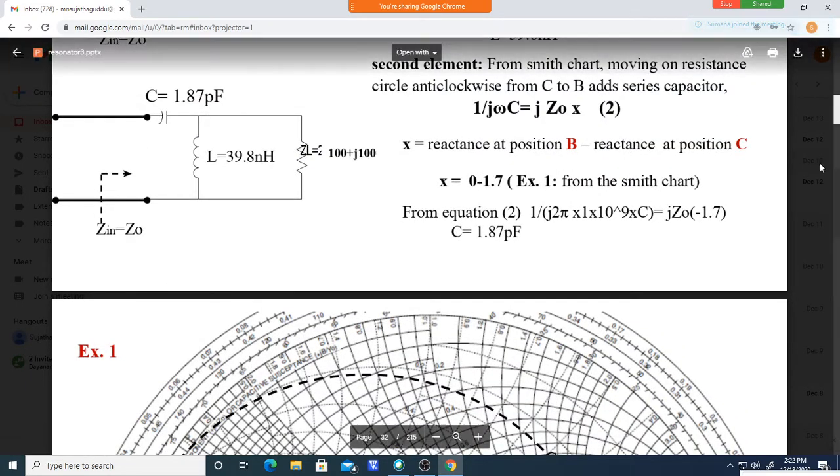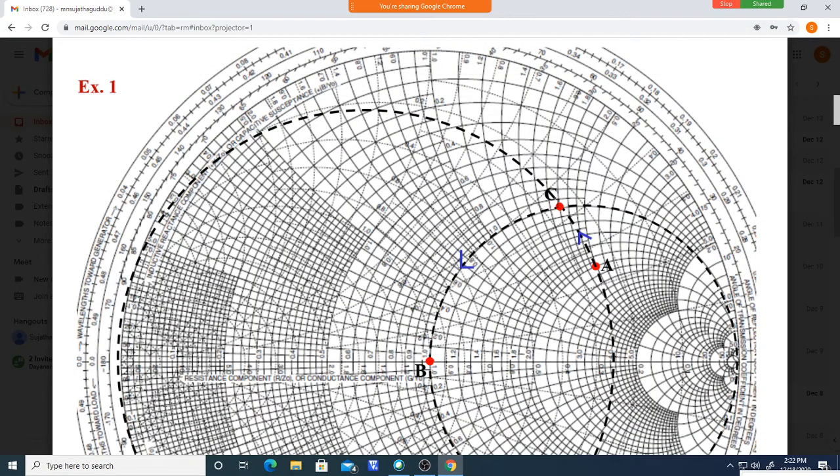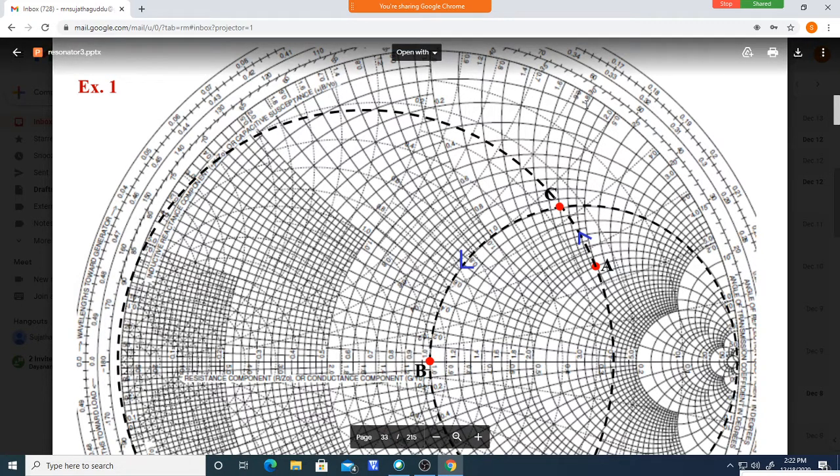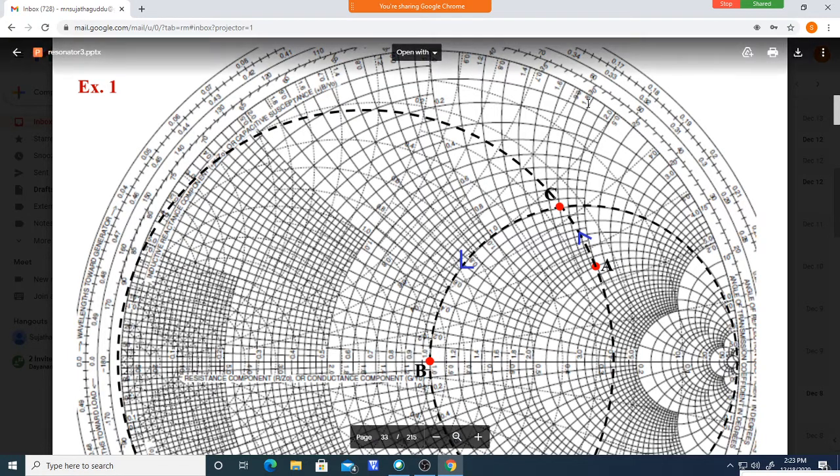And for the reactance at C, you see which reactance circle is passing through this point. Reactance circle, not susceptance. To find the x value, you should find the reactance circle value. These solid lines are the reactance circles. This one is not passing, and this is not passing either. Between 1.8 and 1.6, one circle is there, and that circle is passing.